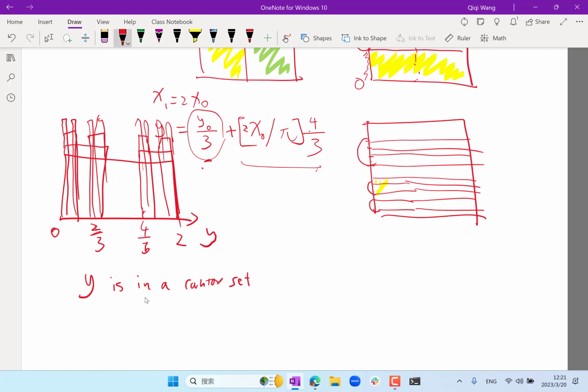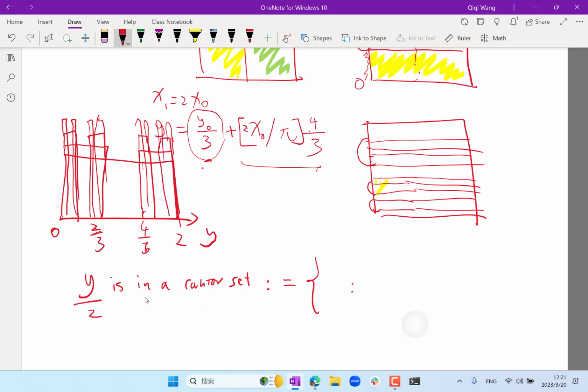All right, and the Cantor set is defined as the set of y's such that, actually let me say half of y is in a Cantor set. That's how we define the standard Cantor set between 0 and 1. So let me just use another symbol.